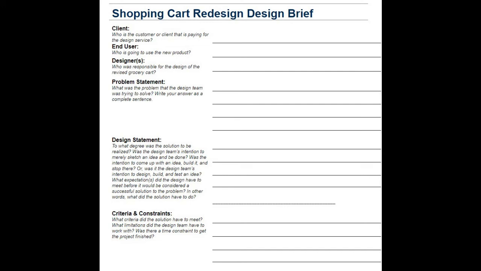So the design statement should not have your solution in it. Okay, it should leave it open ended. This is before we go through all the brainstorming stuff. This is before you come up with the ideas. So the design statement is saying this is where we're going, but it's not giving the solution.